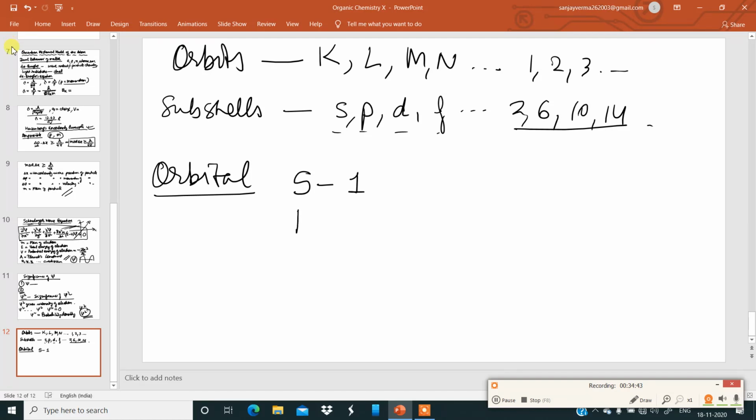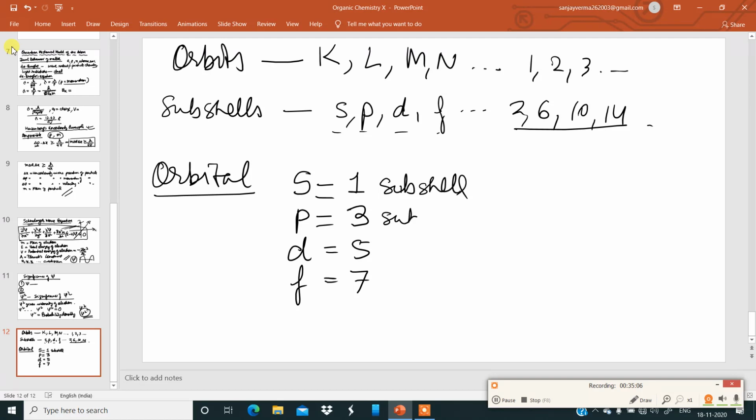Okay, P has 3 orbitals, D has 5 orbitals, F has 7 orbitals. So S, how many orbitals? One. P has three, D has five, F has seven.